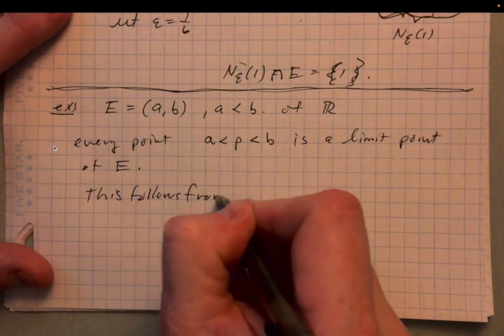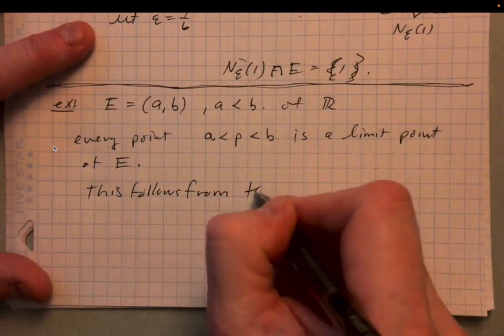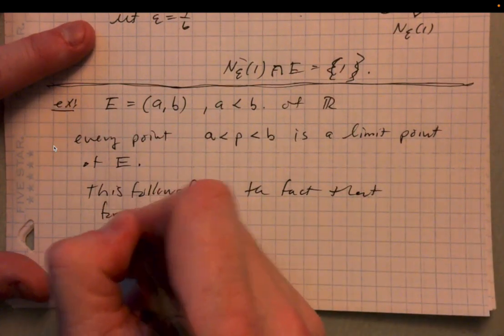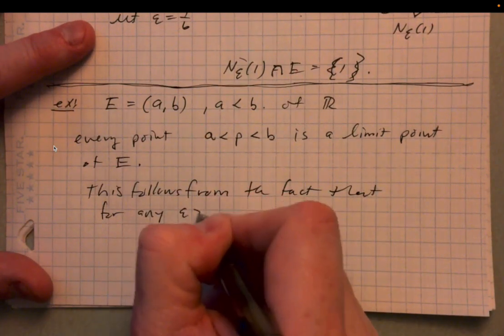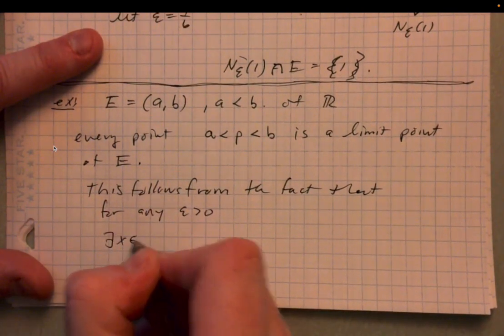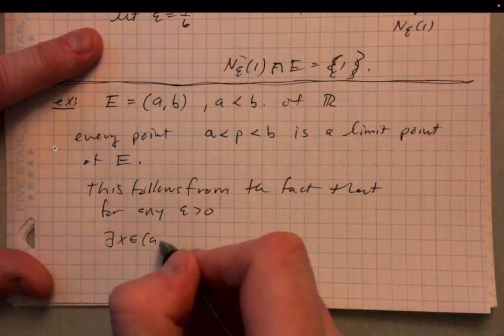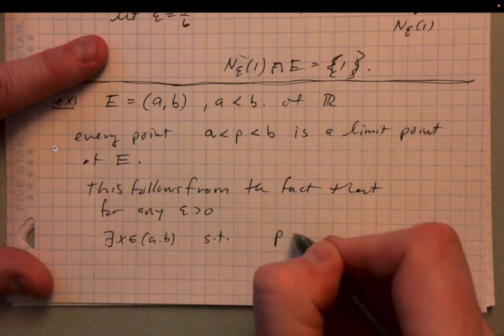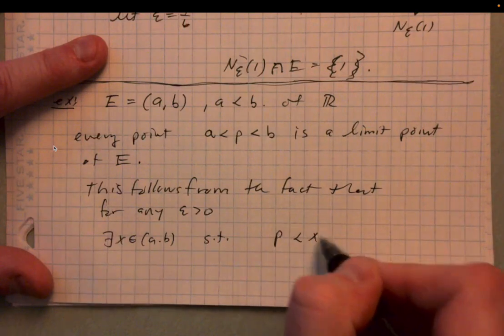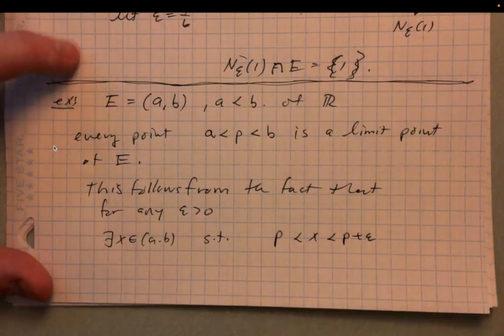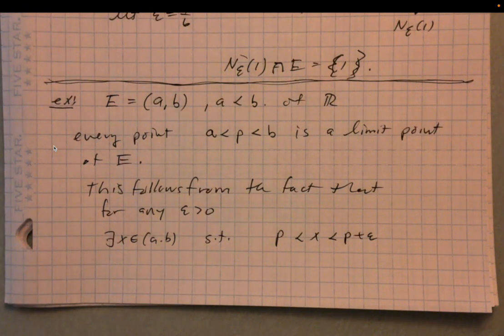This follows from the fact that for any epsilon greater than 0, there's going to exist an x in (a, b) such that P is less than x, which is less than P plus epsilon. There's always a number between two numbers in the real numbers.